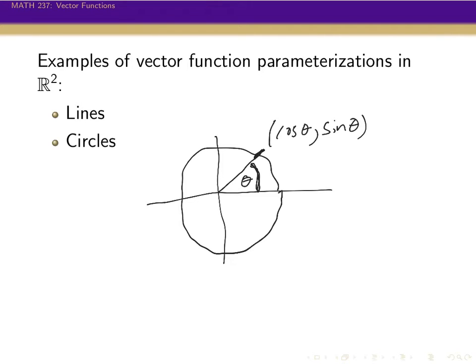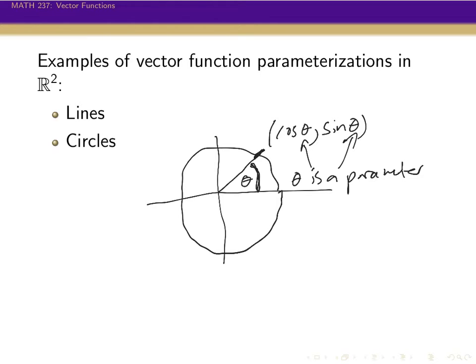This theta is a parameter, and as theta ranges from 0 to 2 pi, we're drawing out the entire curve of this circle.